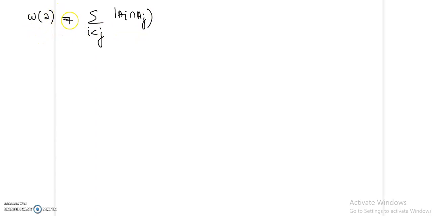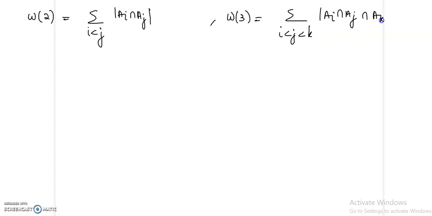So it satisfies two properties at a time, which means x must belong to Ai and Aj. And ω(3) will be the summation over i less than j less than k of the cardinality of Ai intersection Aj intersection Ak, and so on.